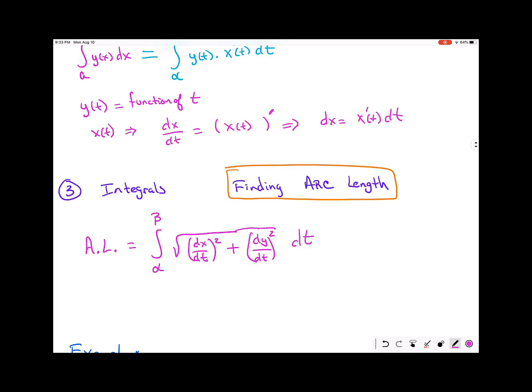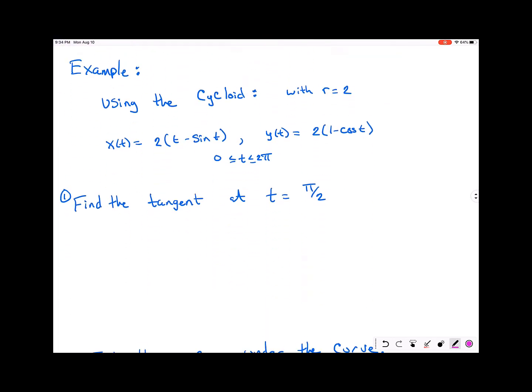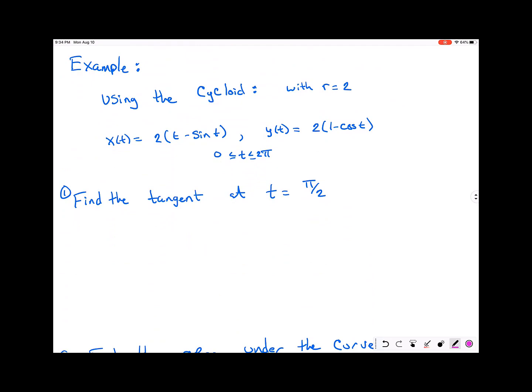These formulas are something that you could derive each time, or you can memorize them. Let's look at an example.